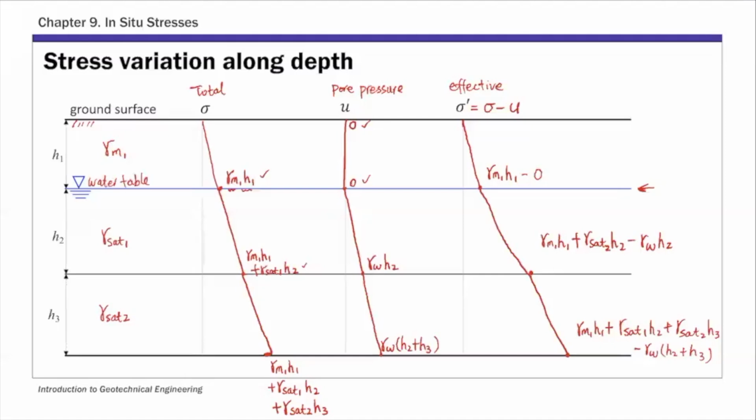So one thing I want to mention here. For this saturated soil layer, basically for these two locations, if you look at this effective stress expression, we have gamma moist times H1. Then for the next two terms, you can factor out H2, the depth of the saturated soil layer 1, then multiply by the buoyant unit weight.